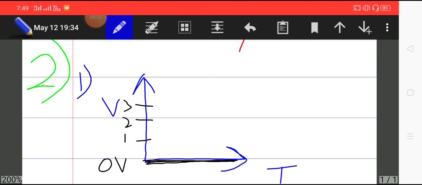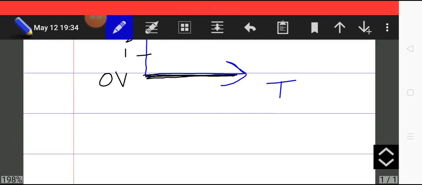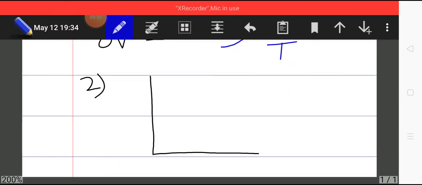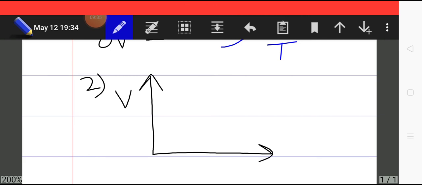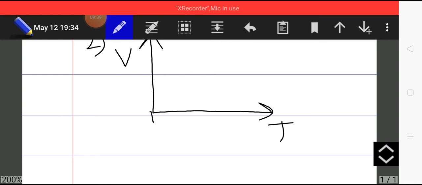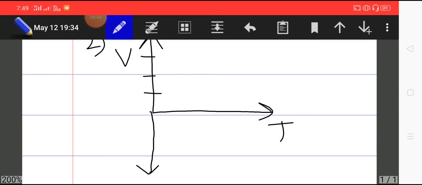And similarly, constant velocities can be represented in a velocity time graph in this manner. I will also draw it for the negative side. So let us say +1, +2, +3 and -1, -2, -3.